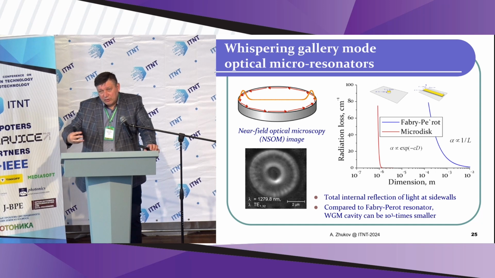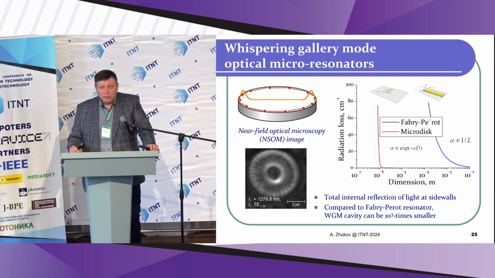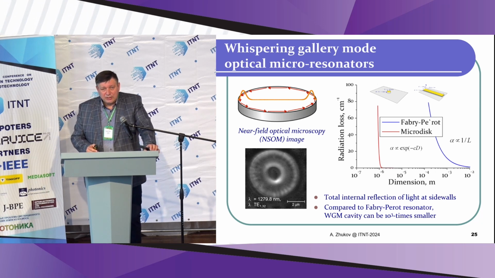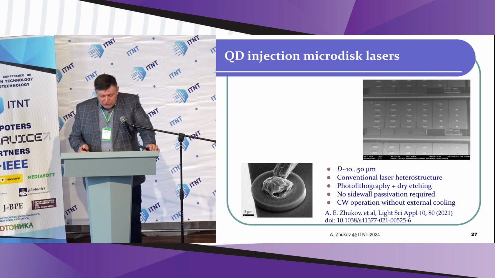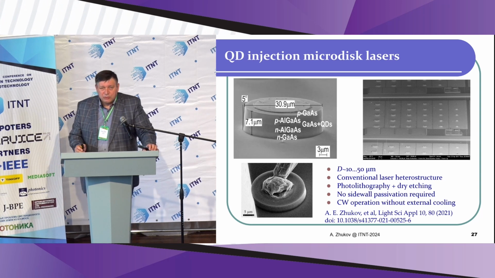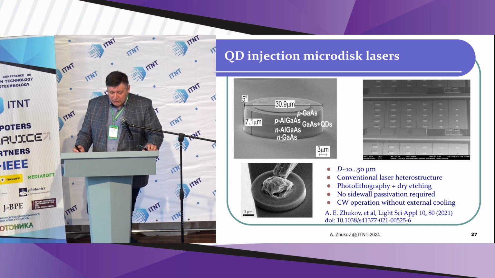Because of total internal reflection, the optical quality could be very high, even if the size of this resonator is a few microns. This slide shows what micro disc lasers look like.